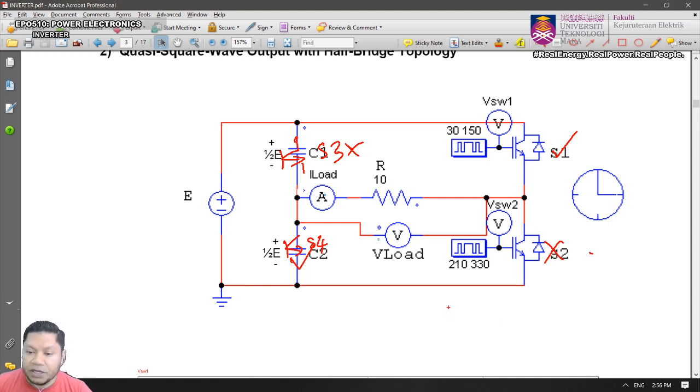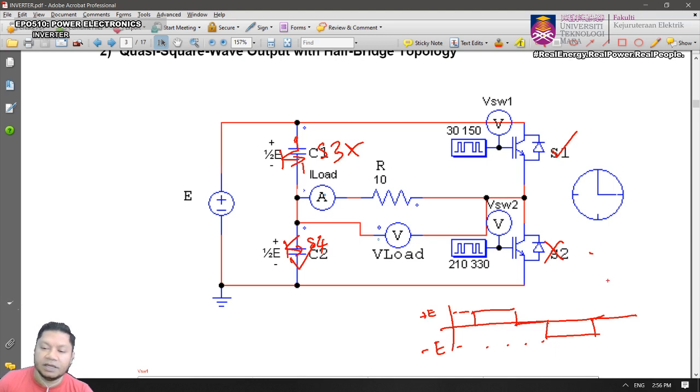And therefore, your output voltage will be a quasi square waveform, and this will be plus E, and this is minus E. Okay?